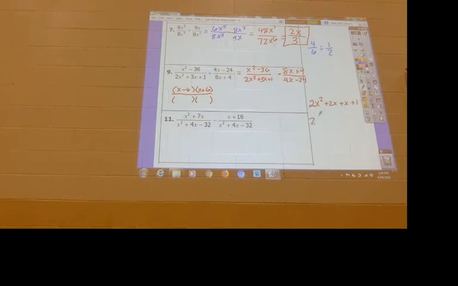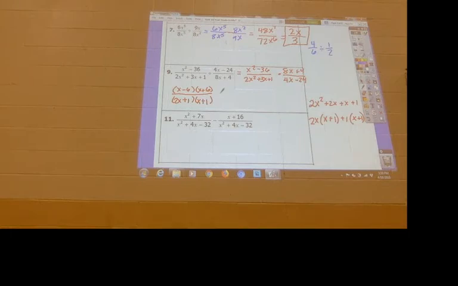I can take out a 2x, then I get x plus 1, and then I get a 1 times x plus 1. So my two terms are 2x plus 1 and x plus 1.